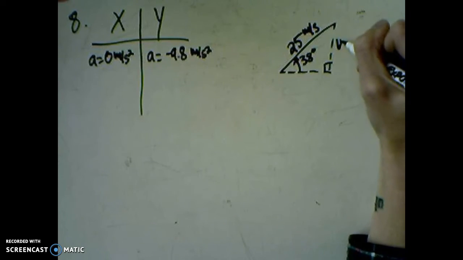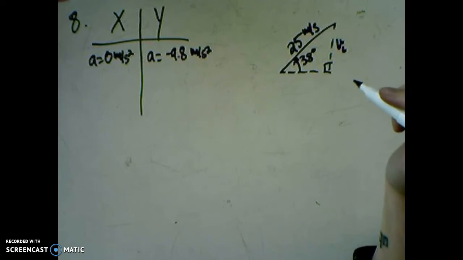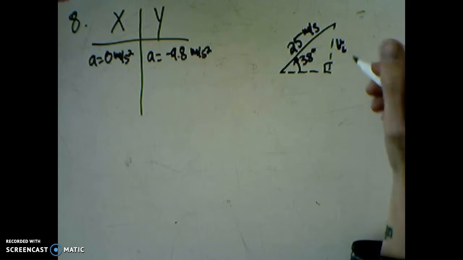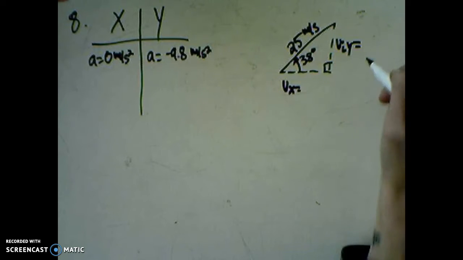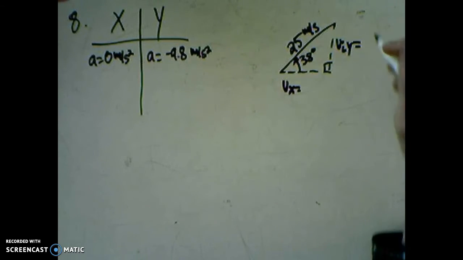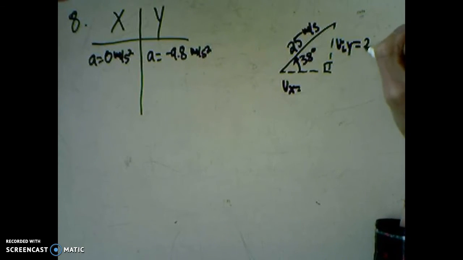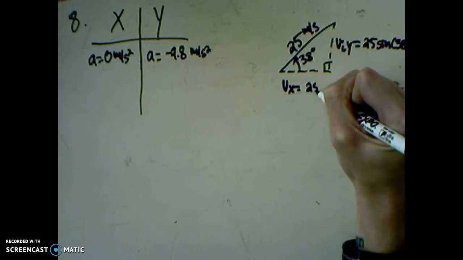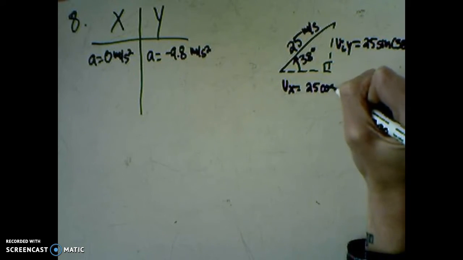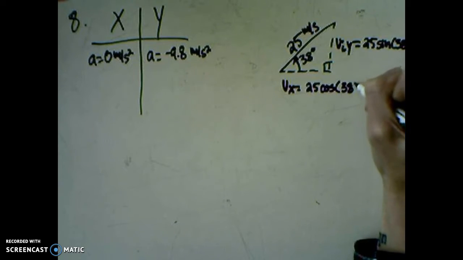So my first step, like my first step in number 7, and like my first step in number 6, is to figure out what exactly my x and y components of this are. To figure out my y component, I'll have 25 times the sine of 38 degrees. And my x component is going to be 25 times the cosine of 38 degrees.